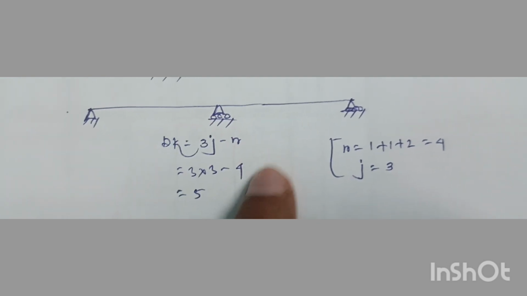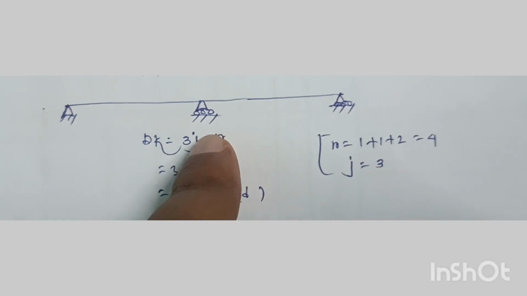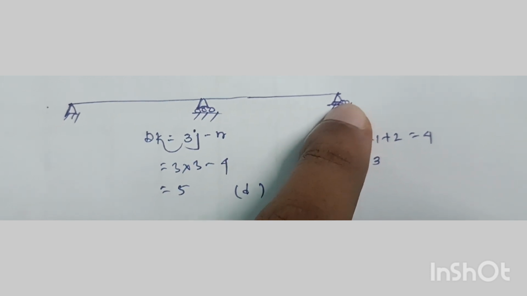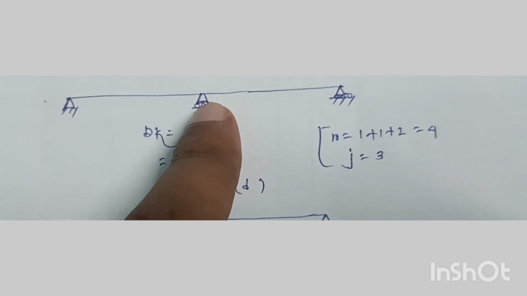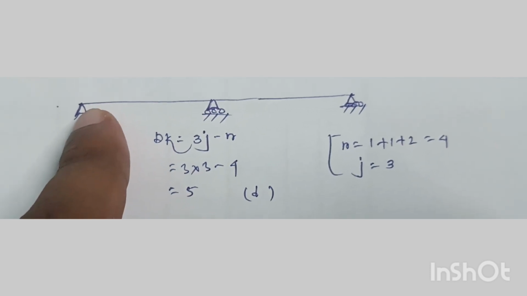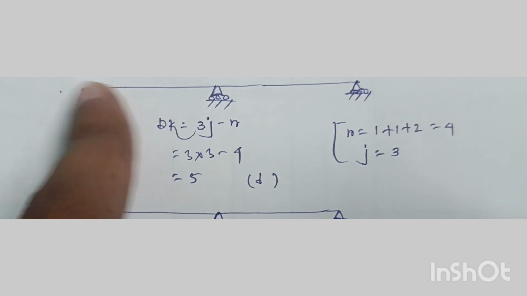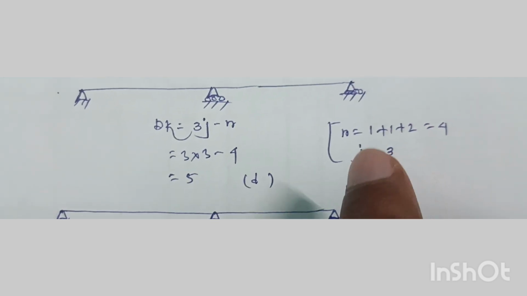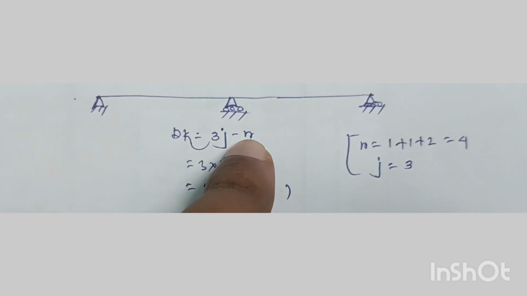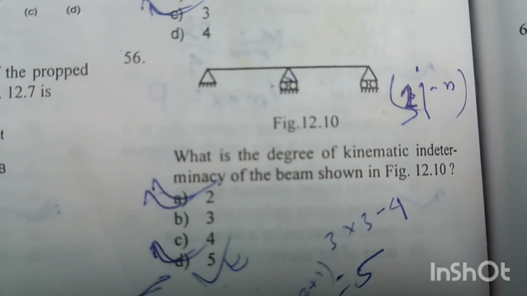J is the number of joints, which will be 1, 2 and 3, and r will be equal to one reaction component from this roller supported end, one vertical reaction component from this end, and two reaction components, one horizontal and one vertical, from this end. So 2 plus 1 plus 1, r equal to 4. If we put the values into this equation, we will get dk equal to 5. Option D is the right answer.